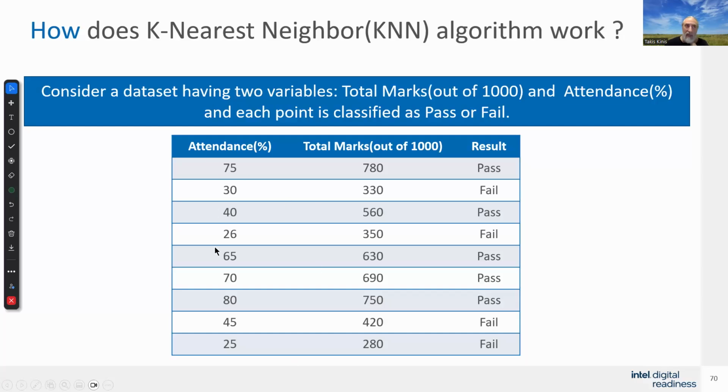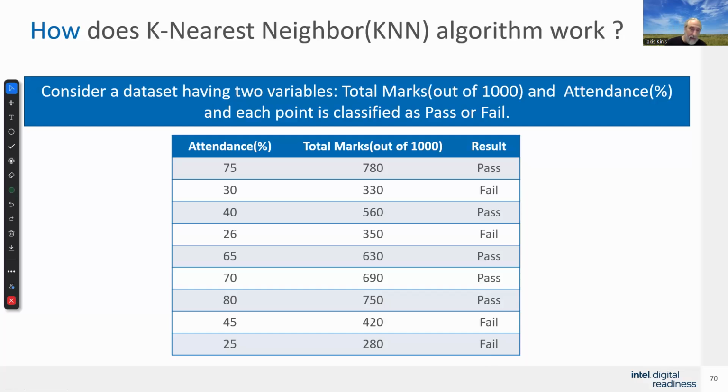So if you just examine your data, right? Really high attendance, good score. Really low attendance, bad score. And notice, bad result, pass or fail. So ultimately we're determining, is this person passing or failing on this scale?